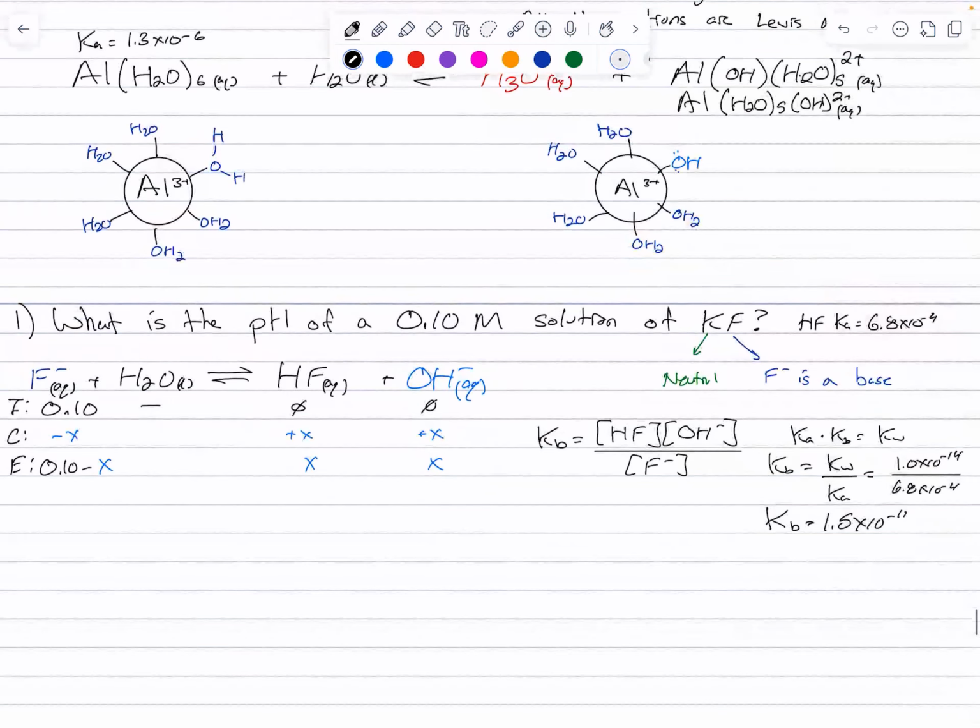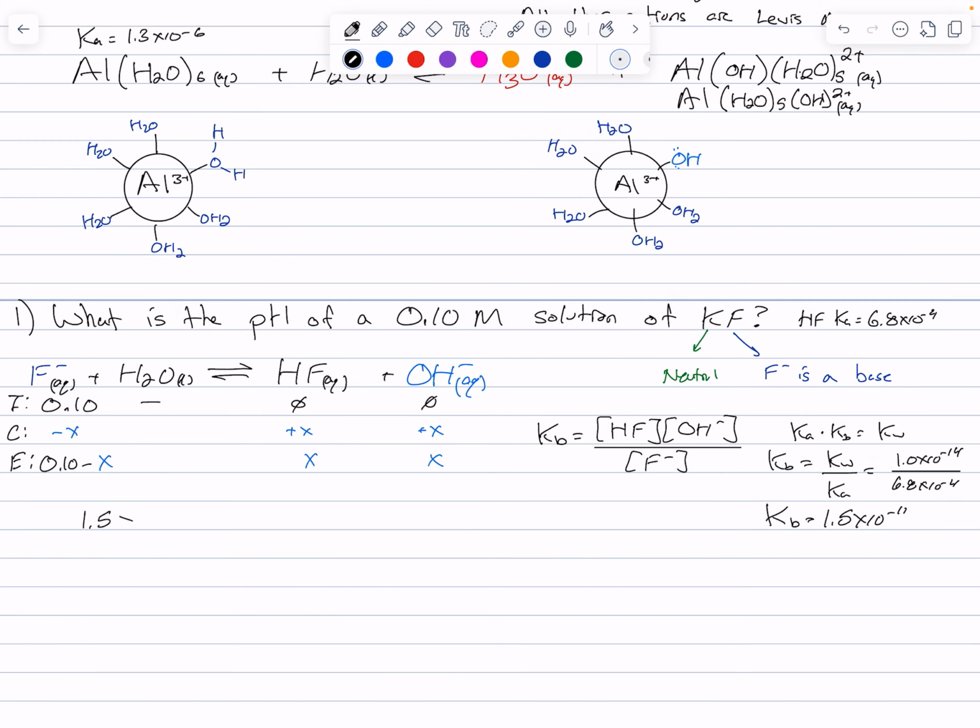All right, let's plug it in. 1.5 times 10 to the minus 11 equals x squared, hopefully you guys are getting good at these, all over 0.10 minus x. Well, you can approximate here. What are we approximating?